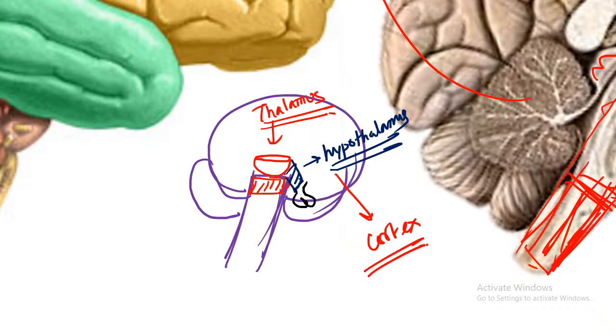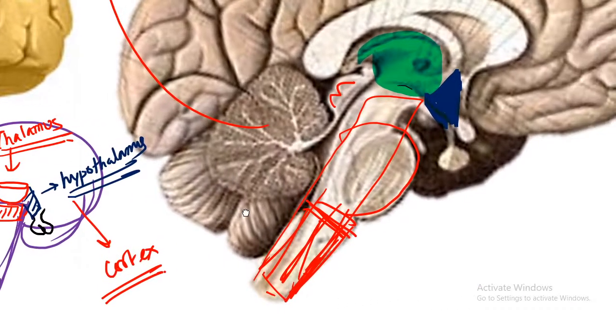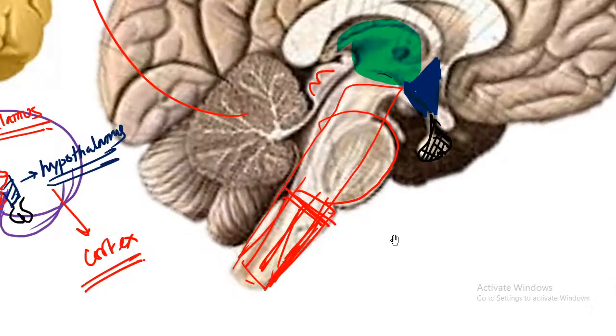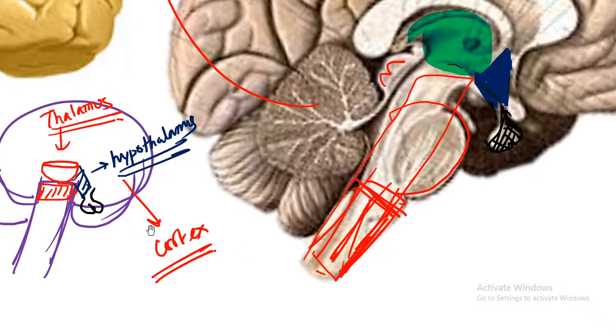As you can see, this part is the pituitary. Can you identify which part is the pituitary? Just below the hypothalamus. So now we have got to know three more terms: one is the thalamus, then the hypothalamus, then the pituitary.